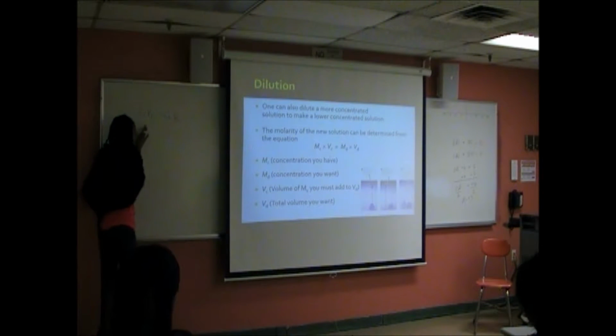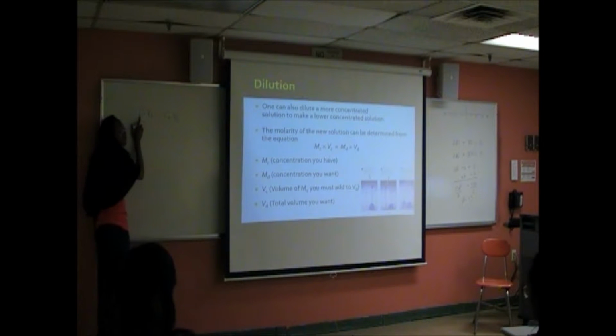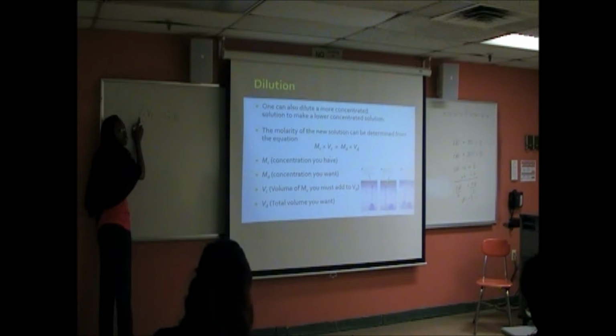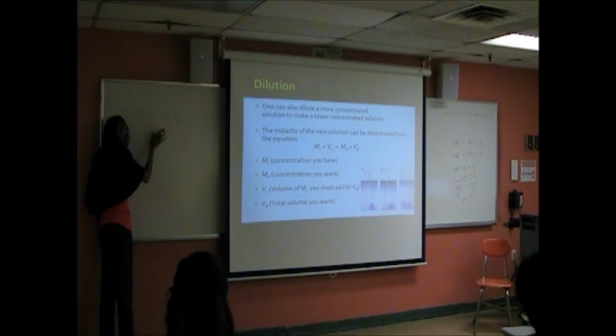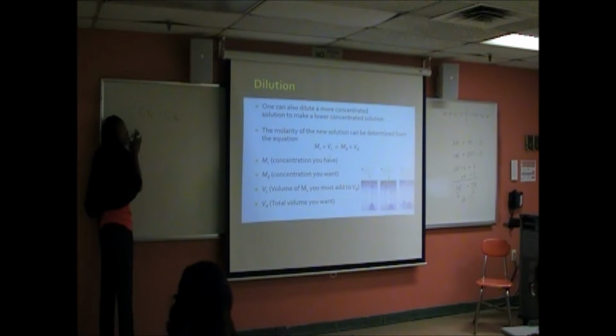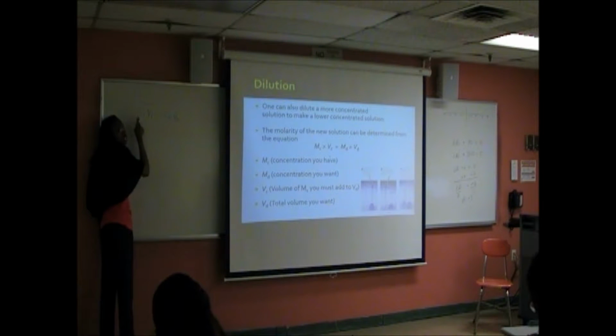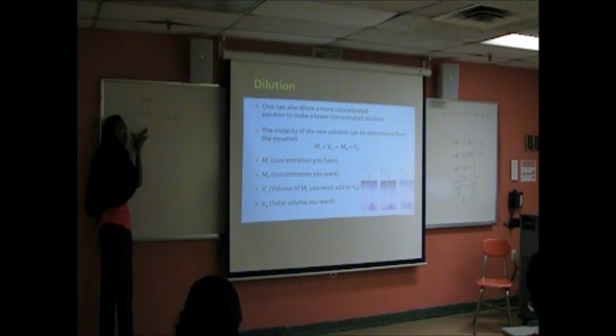On your left-hand side, your C stands for concentration and your V stands for volume, for both sides. But on your left-hand side, this is the solution that you have. So this is your higher concentration.